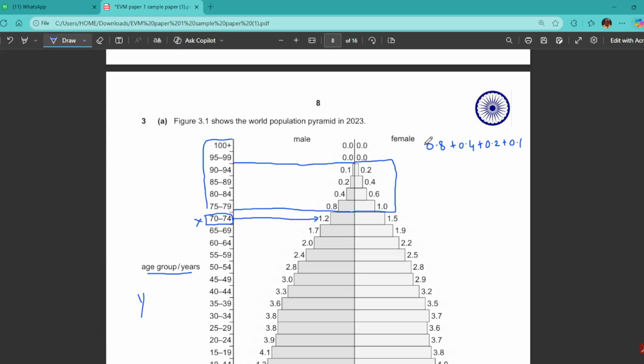On the other side, this is for the male, as we know, and on the side female. So I'm writing from this side here. You can write with any way, the answer will be the same. So just for quick thing, 0.4 plus 0.6 plus 1.0, and if I add up all this thing, of course, I'll get 3.7 here.